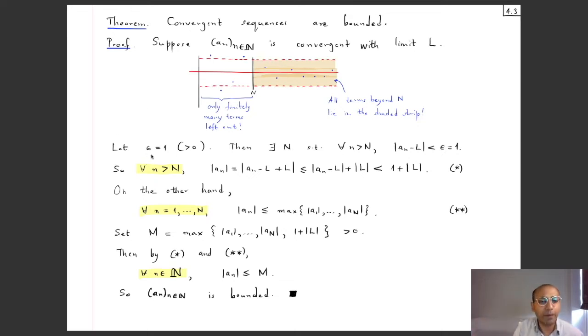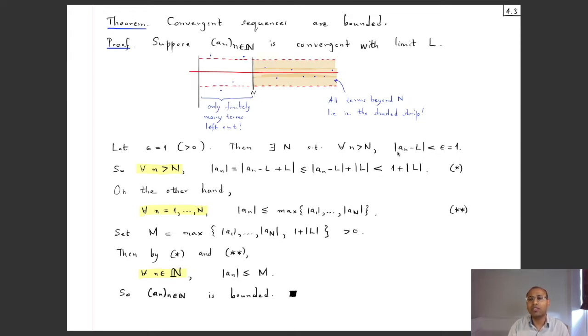So let epsilon be equal to 1, which is a positive number, and then by virtue of the fact that the sequence is convergent, there exists an index capital N such that beyond that index, the distance of the nth term to L is less than epsilon, which we have chosen to be 1. And then the terms beyond this capital N are bounded. So why? Because for every little n bigger than capital N, now I want to produce a bound for mod An.